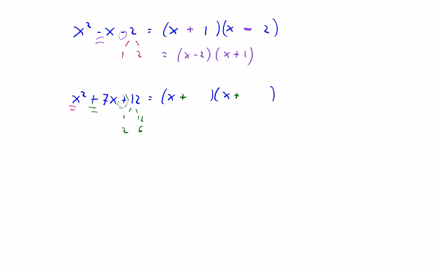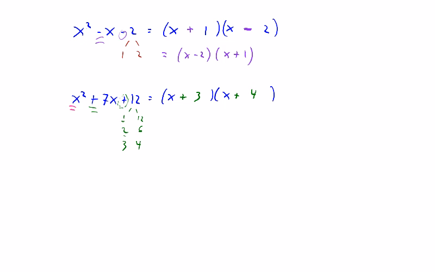Notice the first factor is getting bigger, so I go to 3 and 4. And lo and behold, 3 plus 4 is 7. So if I write a 3 there and a 4, they're interchangeable since both terms are terms of addition. And if I write those in, I will have the correct factoring of the original expression.